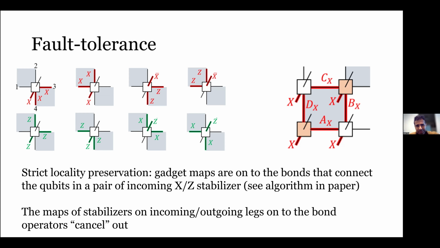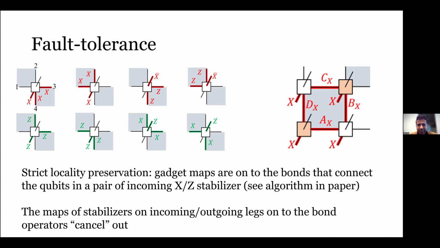And these bonds are chosen according to the connectivity of the Tanner graph, like the connectivity that we have for some minimum weight stabilizer generator basis that's used in the Tanner graph. And so in that sense, there is a locality preservation that this gadget has because it tries to map these incoming Pauli operators onto certain bonds that are connecting the gadgets.